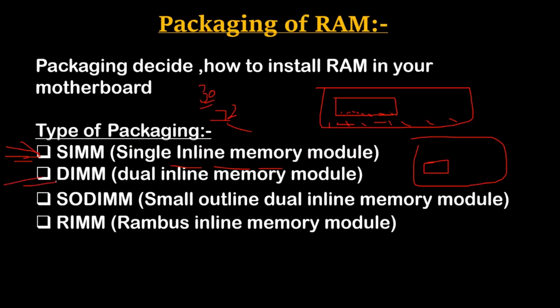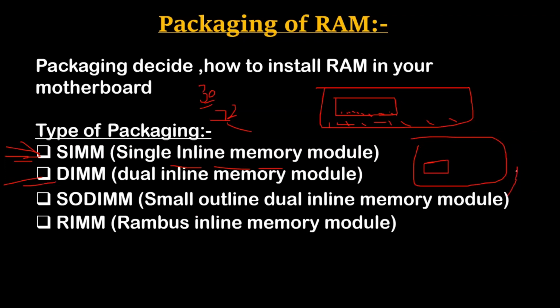Nowadays what is available is DIM. DIM is dual inline memory module. On this type of RAM, you will find pins on both sides. This dual inline memory module is used in desktop computers. And here you can see SODIMM, small outline dual inline.